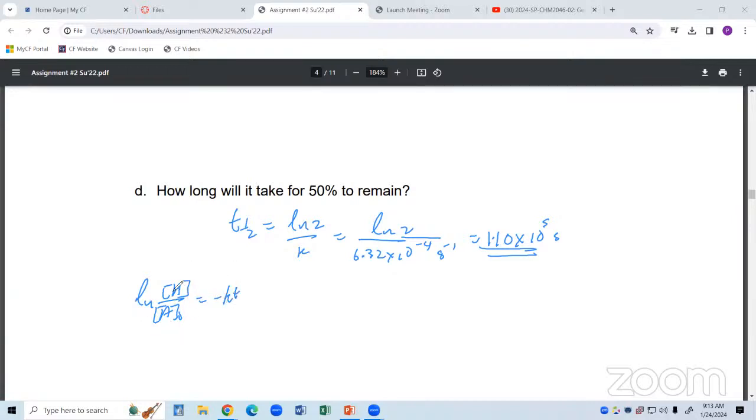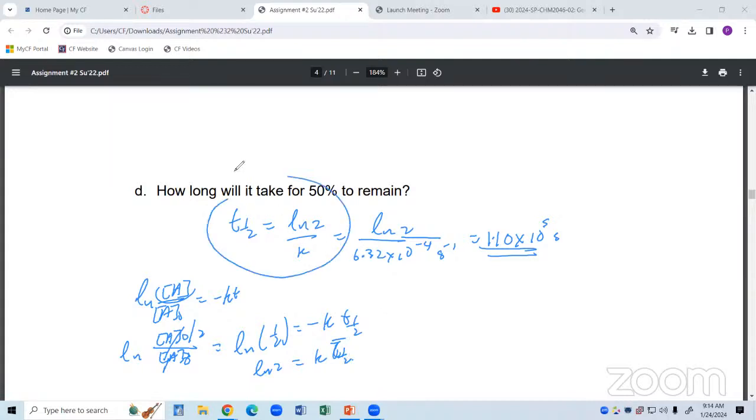So in the case of half-life, the concentration of A would be equal to the initial concentration of A over 2, divided by the initial concentration of A. These two will cancel out. So you're going to get ln of a half is equal to minus Kt, right? So therefore, ln 2 is equal to K t half. Don't forget that. You see that? And that's why this is so.